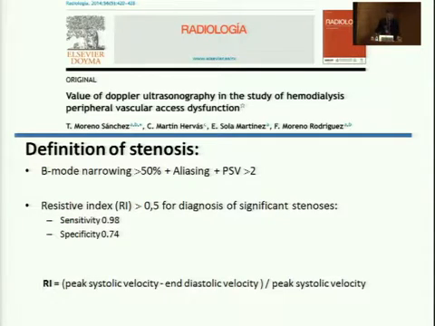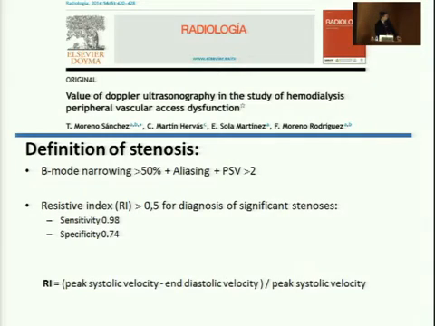I would say that in my opinion, the high resistance pattern of the flow is important in the feeding artery, because it suggests that the shunt is closed, or that there is a significant stenosis very close to the arterial anastomosis.